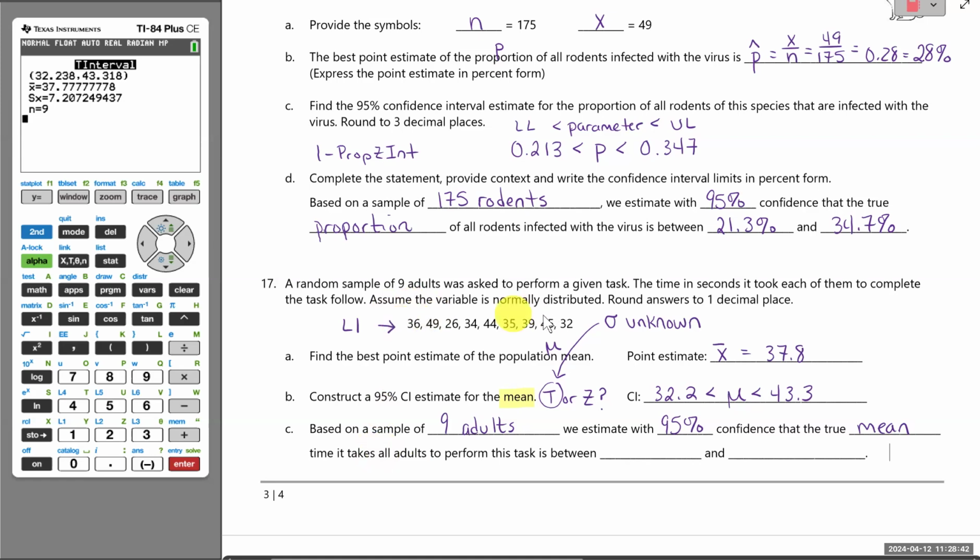So based on this sample, we believe that for all adults, the time is somewhere between 32.2 and 43.3 seconds. Our units are going to be seconds.